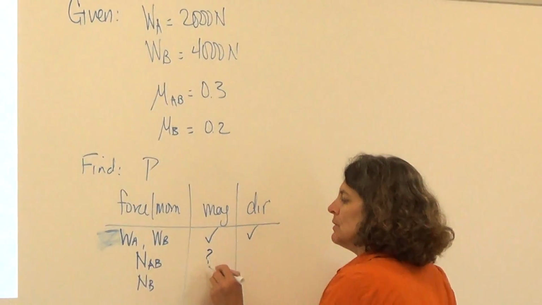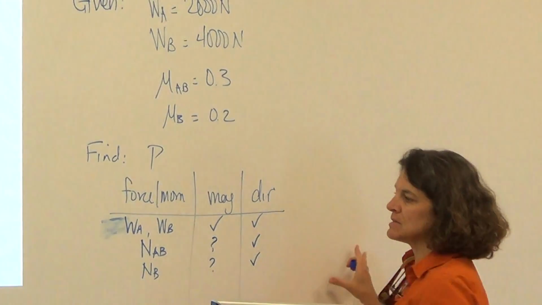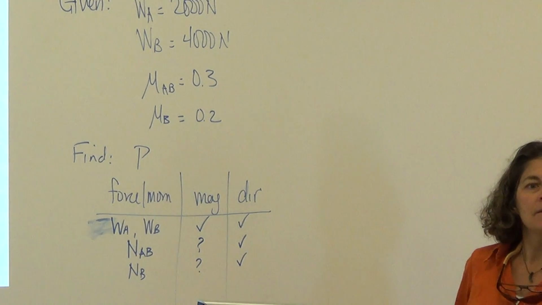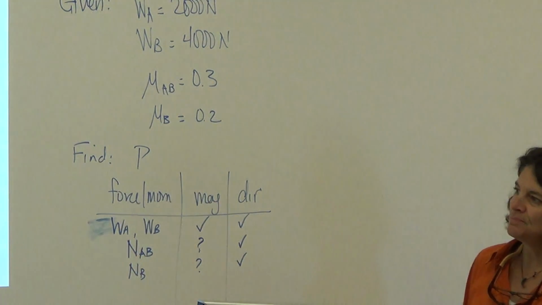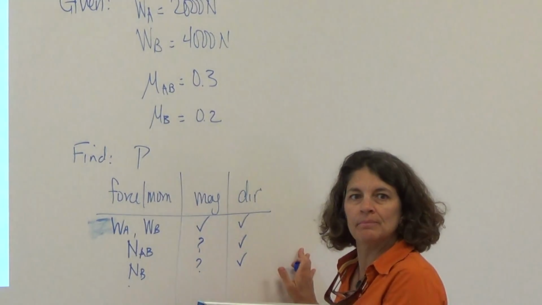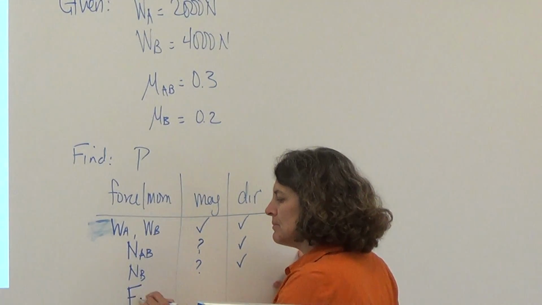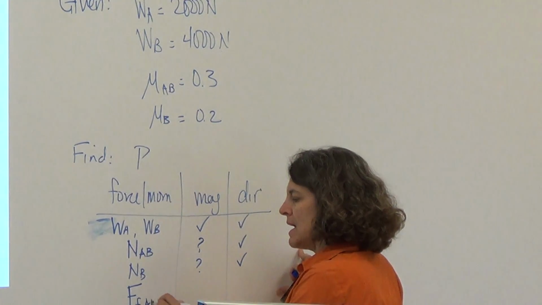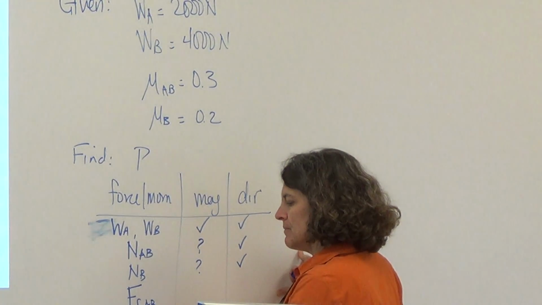Do we know them? No. Direction? Yes. What else? Armando. Friction? The friction force. So is there one of them or two of them? Two. Okay, tell me what you want to call them. Friction AB. Okay, and? Friction B. Okay.